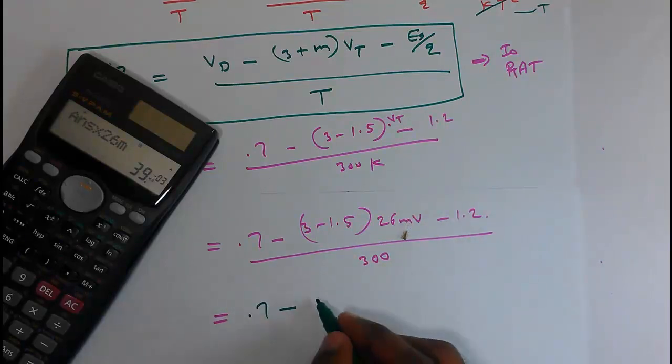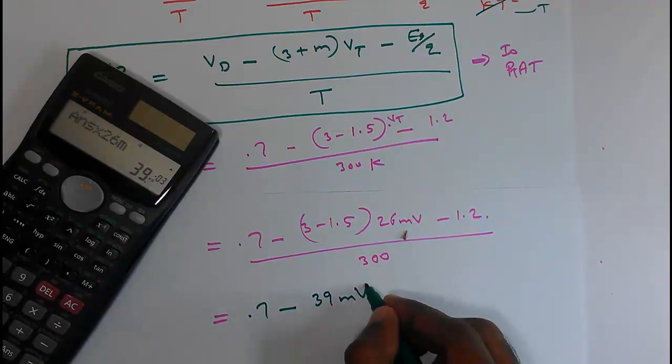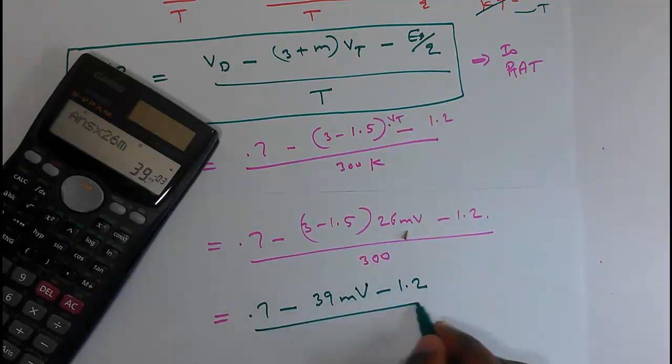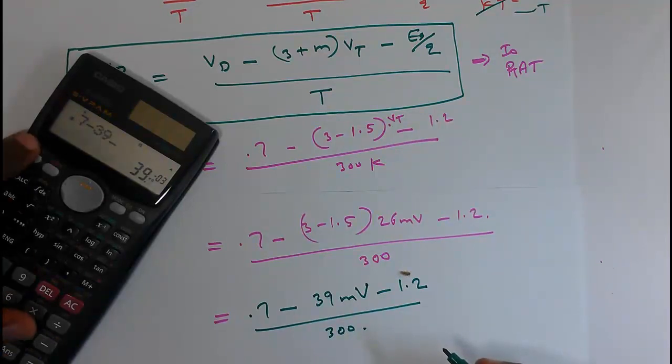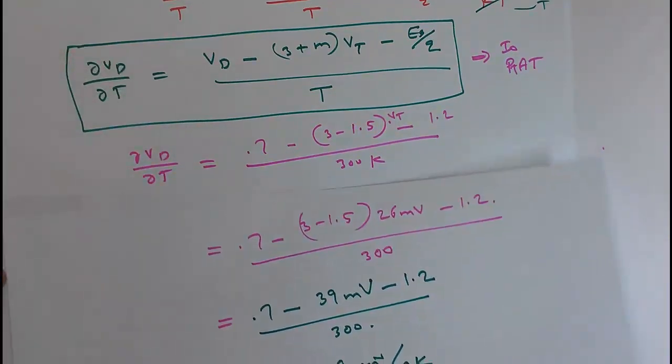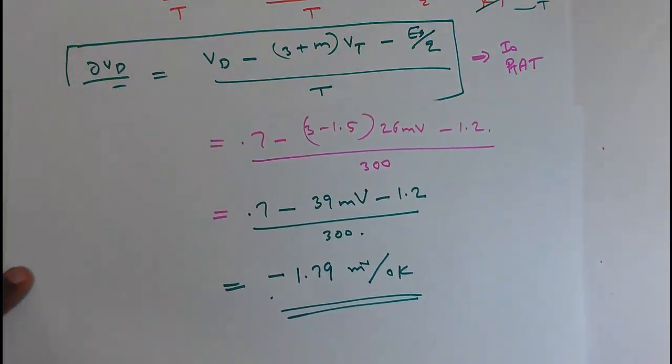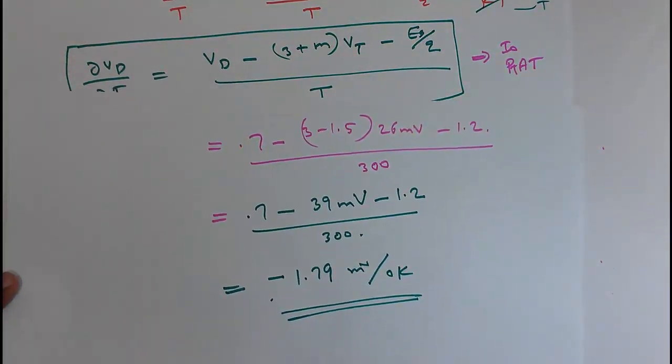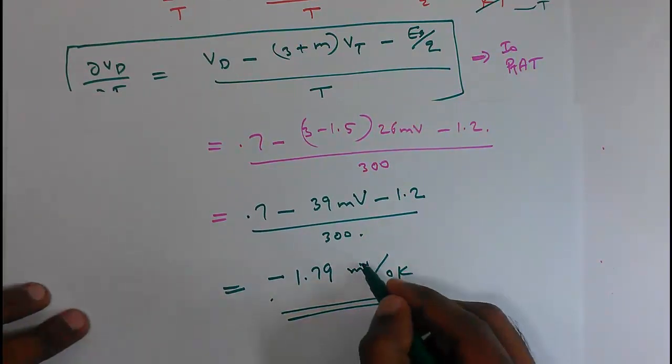So 0.7 minus 39 millivolt minus 1.2 all divided by 300, that is equal to minus 1.79 millivolt per degree Kelvin.